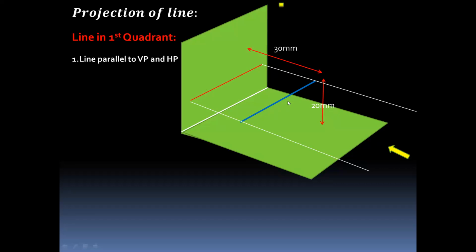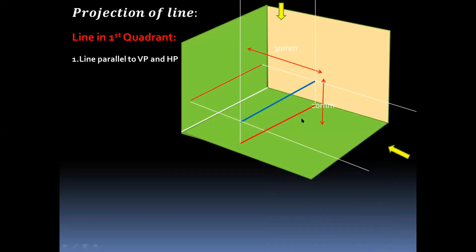Similarly, if you observe from the top direction, again you can observe the true length of the line because the line is parallel to the horizontal plane. So the geometry projected on the horizontal plane will give the true length of the line. Now suppose we want to draw the side view of the line, then you can take one profile plane.